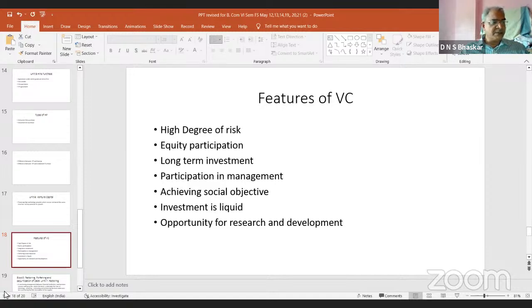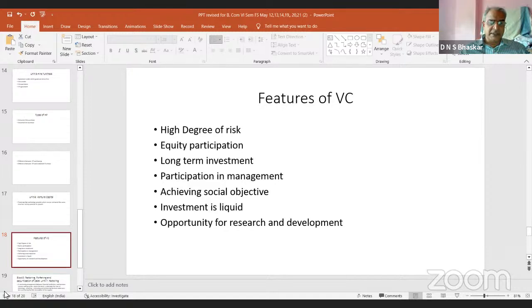So this is possible from the venture capital players: they generate employment, fulfil social obligations, and indirectly they will encourage entrepreneurship through venture capital.